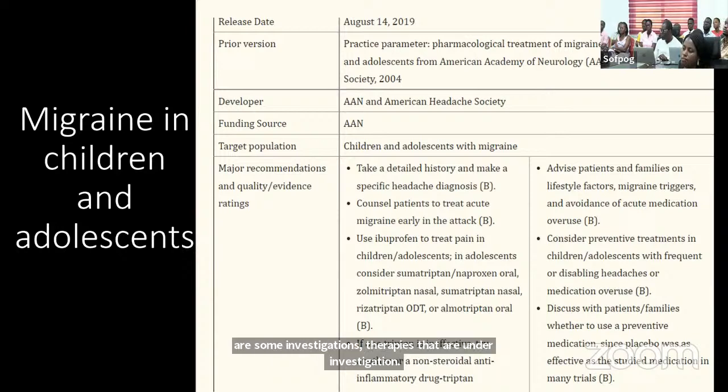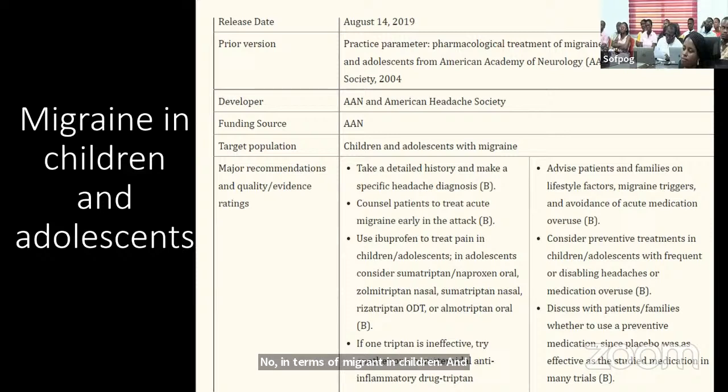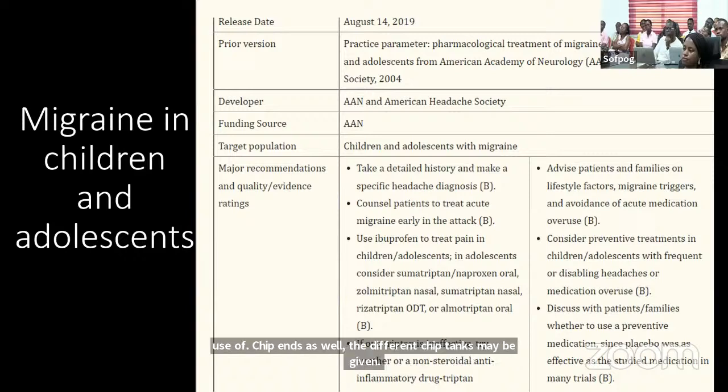Now, in terms of migraine in children, mostly the simple analgesics can be given for acute treatment of migraine. For children above the age of 12, we may consider the use of triptans as well. The different triptans may be given, with sumatriptan and amitriptyline being the most common ones.